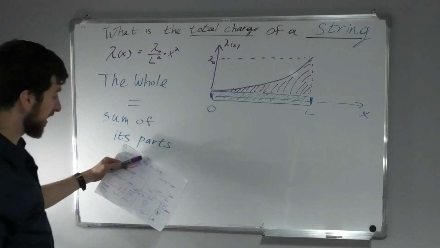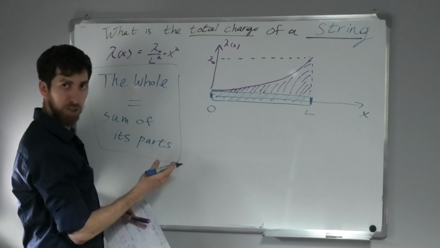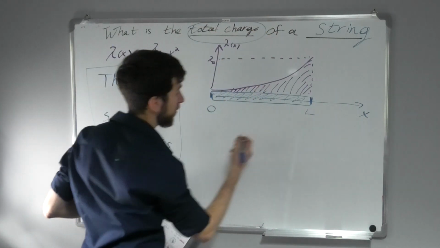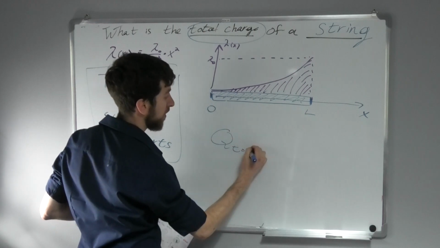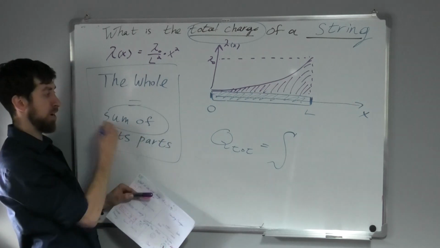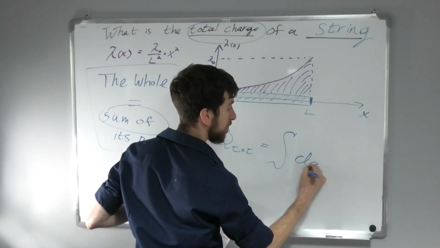What do I mean by saying that? We wrote it in English, so let's write it in math. The total charge that I have here, Q total, equals what? The sum of its parts.